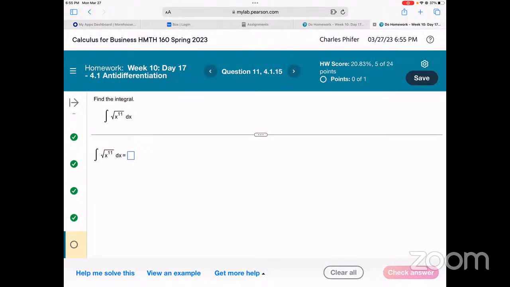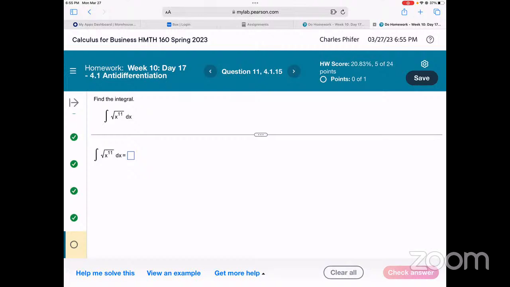Okay, right? Same technique here. We got the square root of x to the 11. We can rewrite it as what? X to the power of 11 over 2. So then when we add 1 to the power, that's going to be x to the power of 13 over 2, right?